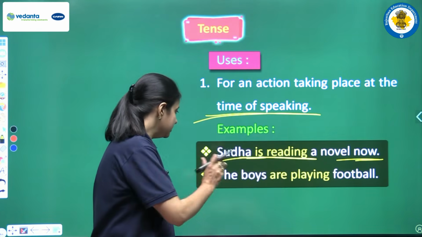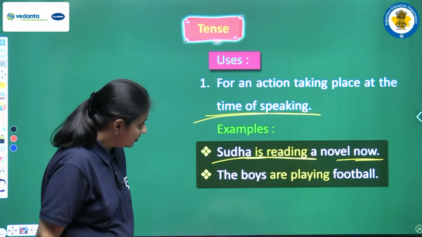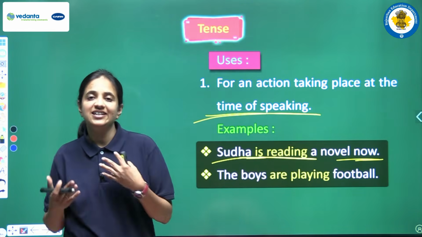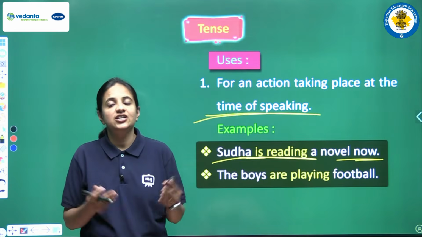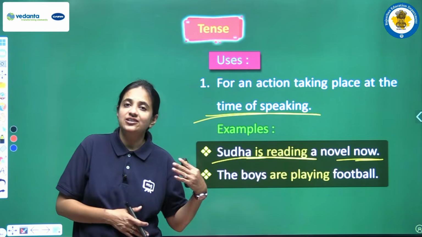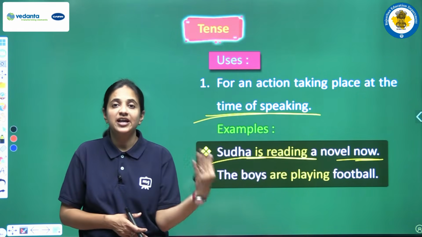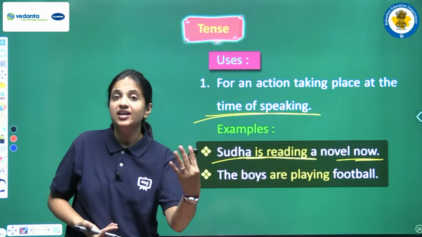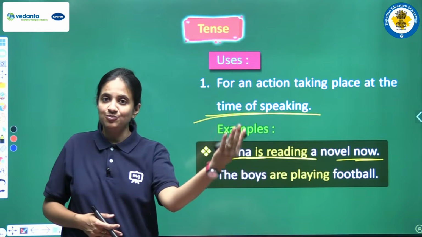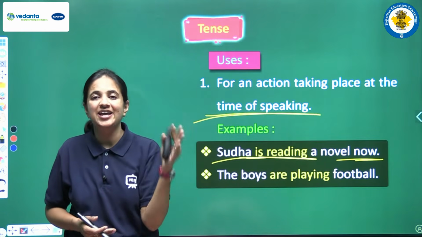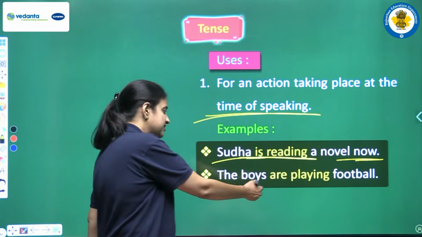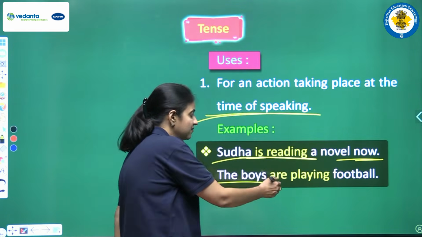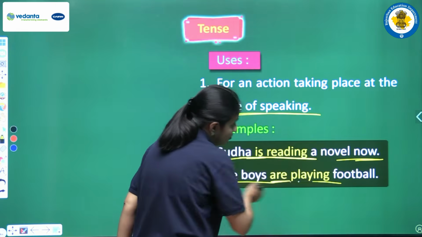Clear? Second sentence is: The boys are playing football. So suppose we are sitting somewhere, in a garden, and there are some boys and they are playing football. So we are talking to someone and showing that, just look, there are some boys, and they are playing football. The boys is a plural subject, and this is the reason we are using are and first form plus ing.